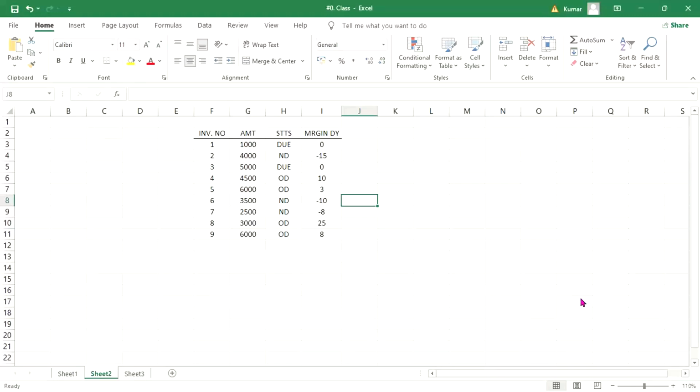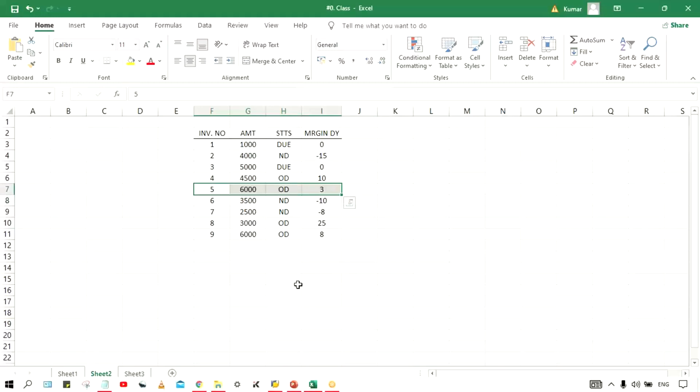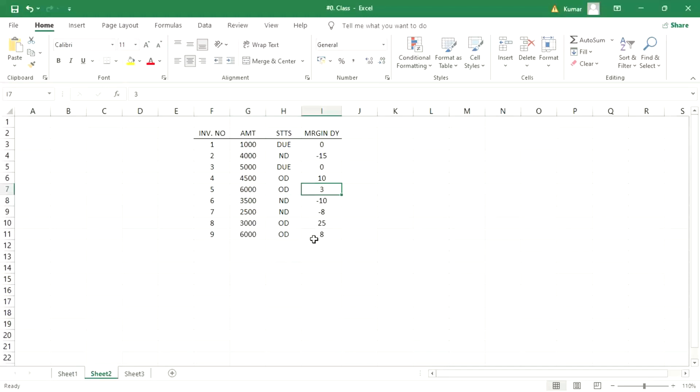No, I said one more thing, guys. I said we are going to provide a grace period also, 5 days grace period. So if there is a 5 day grace period, then this line item is not going to be included. Why? Because it became overdue by a margin of only 3 days. So we have to wait at least 5 days.